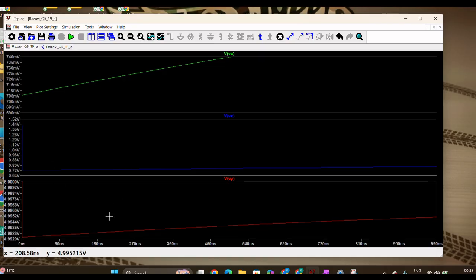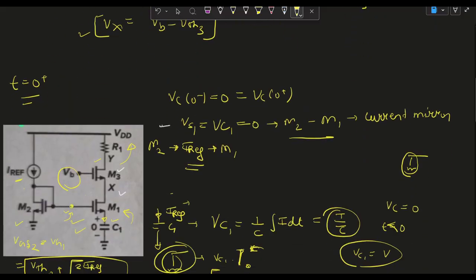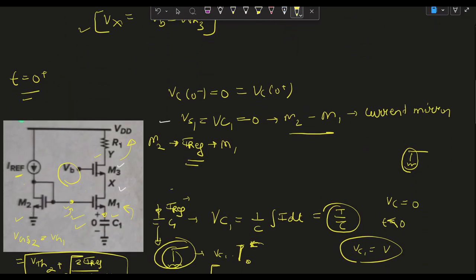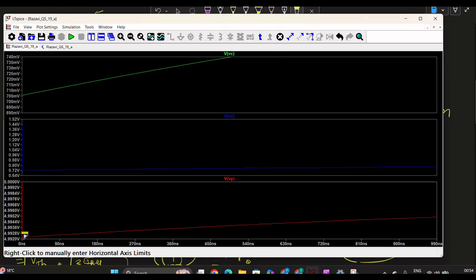And what about Vy? When there is no current, there is some voltage, 5 volt, and then when there is IRF current in the secondary branch, which is this branch, there is some voltage drop, and our Vy will decrease. Our Vy will decrease to some voltage, not to zero.